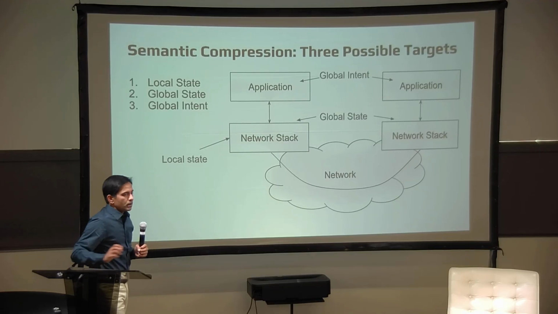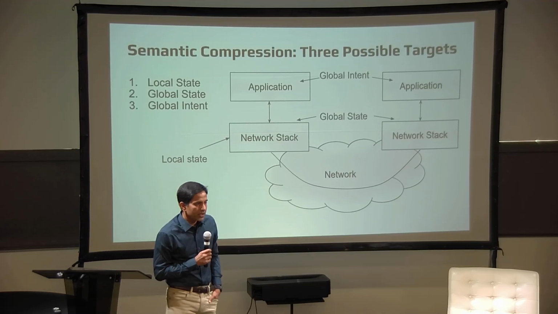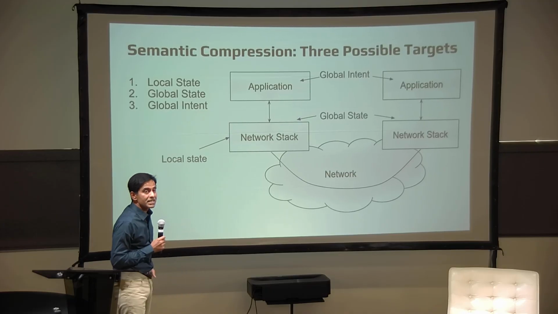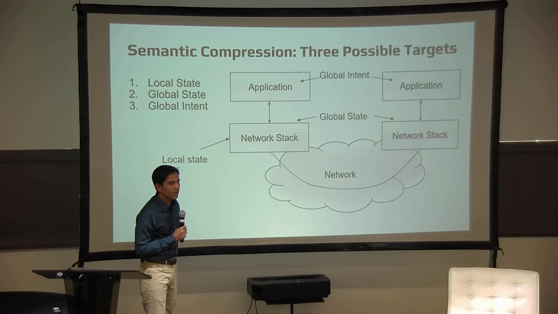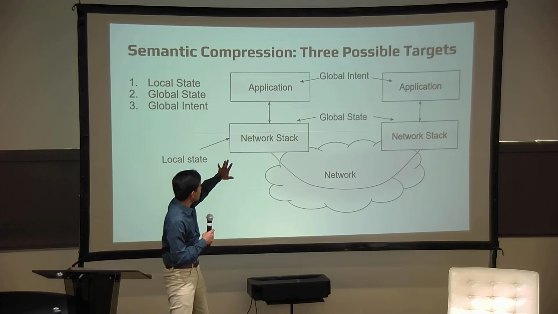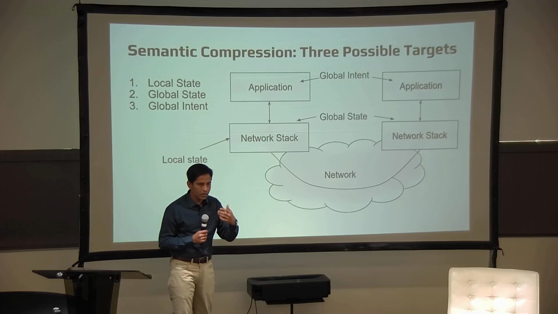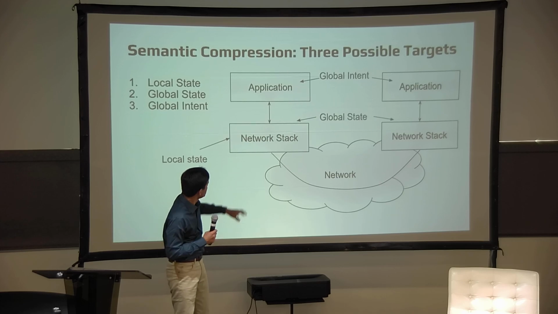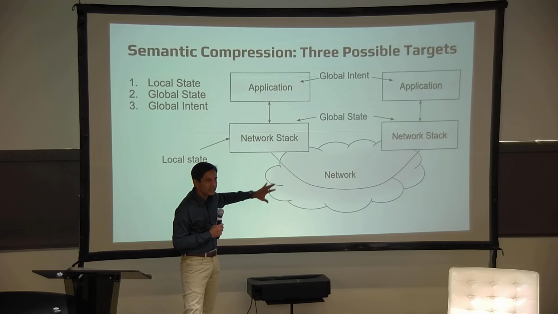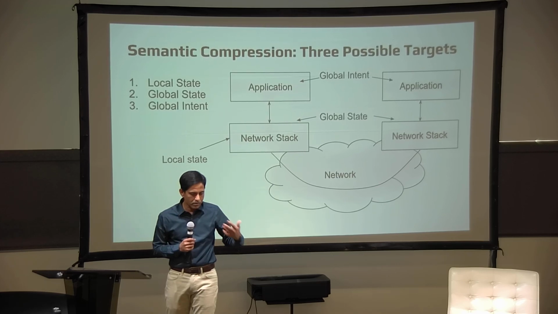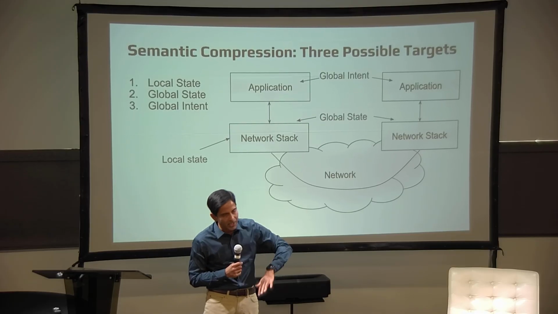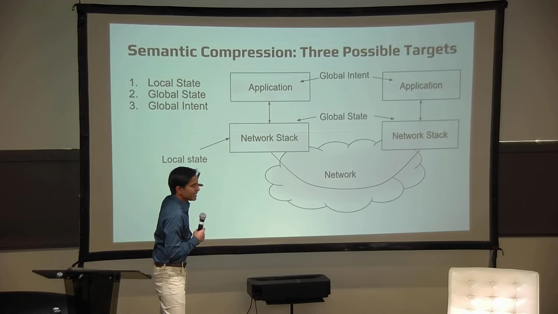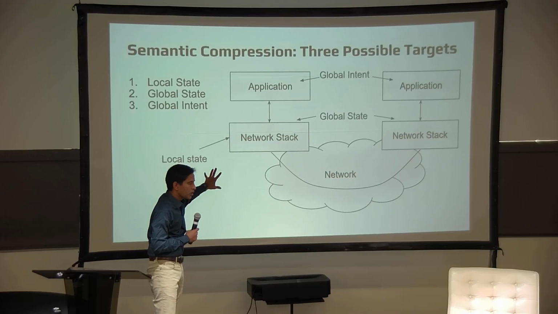All right, so let me get into what I mean by semantic compression. There are three possible places where you can do this kind of compression. One is in terms of state, and this can happen locally, like on my phone or at my machine. The system state always evolves as you run applications or shut down applications. I can apply semantic compression there. I'm going to talk about why that's useful.